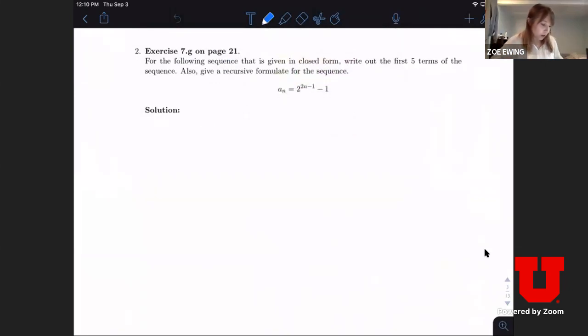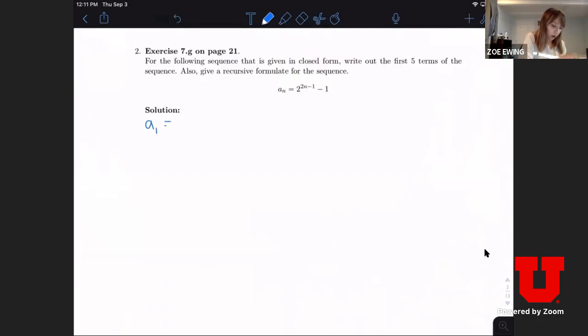Let's see. So this one involves, let's start with just getting the first 5 terms. And then there are a couple ways to get the recursive formula. So we'll go through both of those as well. To write out the first 5 terms of the sequence is pretty straightforward. We just plug each number into the n.